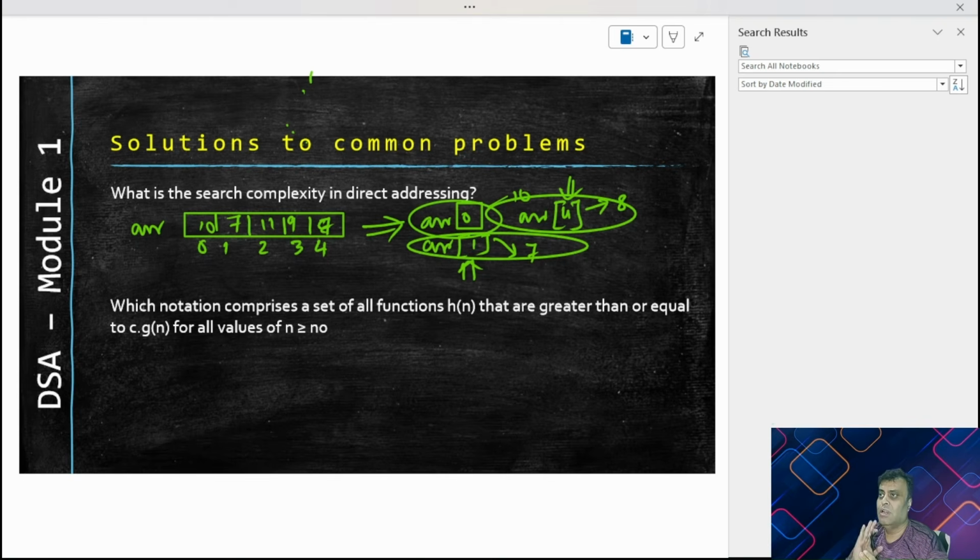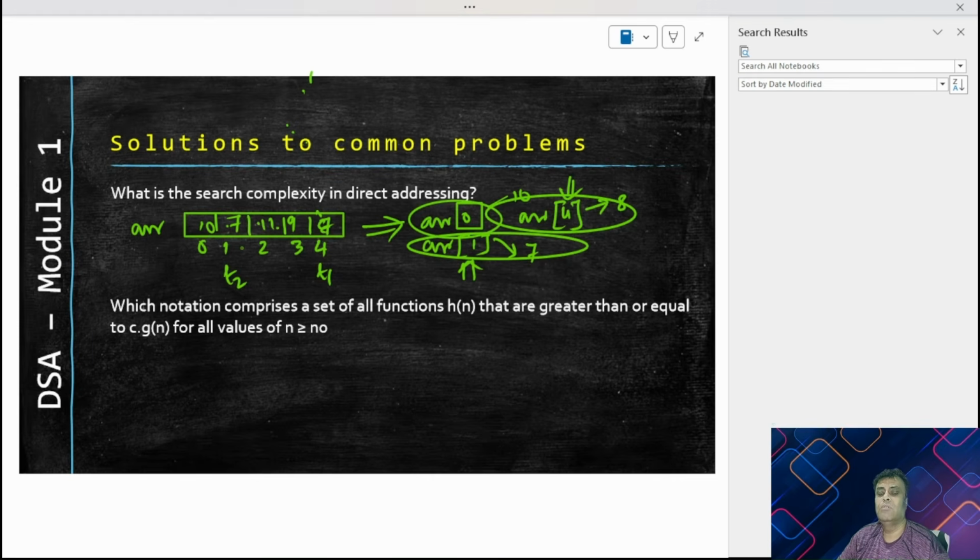It will directly hit the fourth element and check whether the element exists. Let's say the time required to access this fourth element is t1. Now, similarly, if you search for 7, at the first index, is my 7 there? Let's say the time taken to access that is t2.